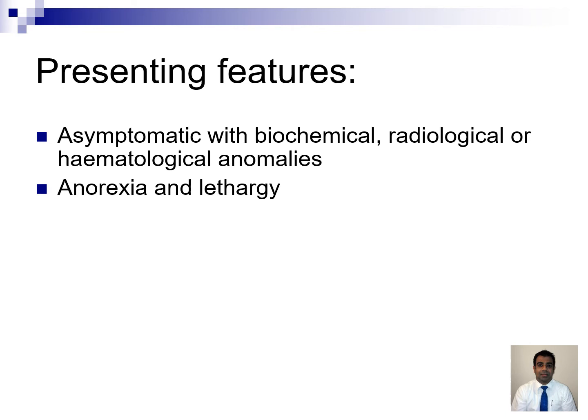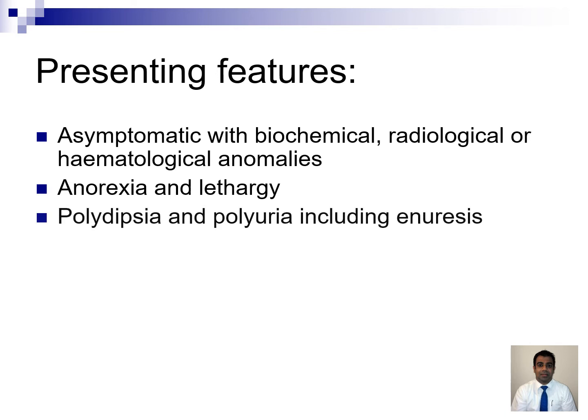Anorexia and lethargy are very important features of presentation for chronic kidney disease, because uremia causes severe anorexia and lethargy. Polydipsia and polyuria are also very important. A lot of patients with chronic kidney disease are polyuric, especially the ones with dysplastic kidneys.